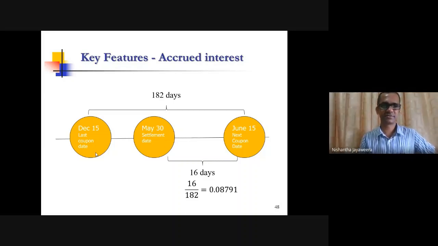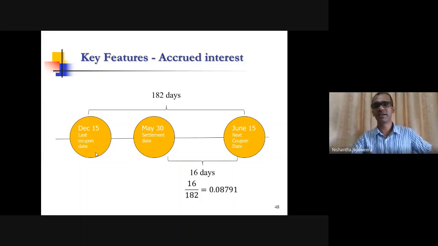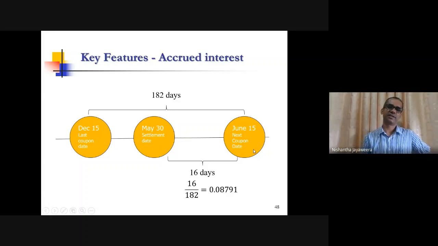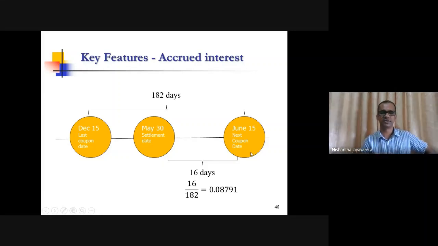Then in January there are 31 days to accrue interest. Likewise, you can add them, but again, remember, in June there are only 14 days. But yes, you can just take 16, 31, and last month 15. Still, you get 182 days.